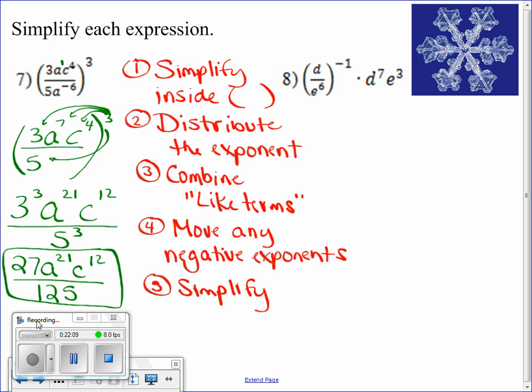You may have gone a different route than me and still got the same answer. Okay, if you did not simplify inside here first, this is one of those times where this is the order I would have done it in, doesn't mean it's the only way to do it. Okay, if you distributed first, you'd have had 3 to the 3rd, A to the 3rd, C to the 12th, over 5 to the 3rd, and then A to the negative 18th.